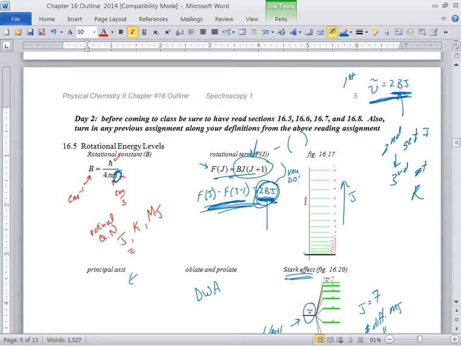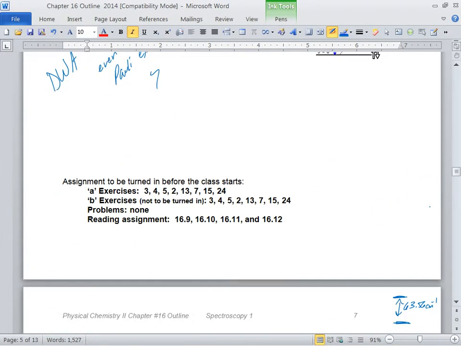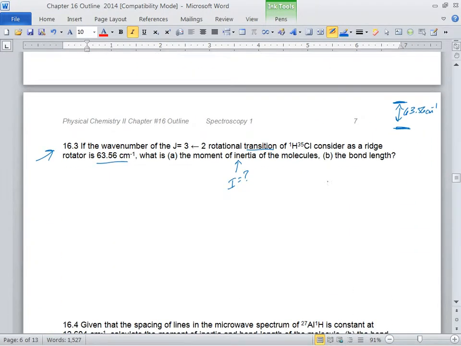Oh, one other thing I did. When you're after this R, you set I equals mu R squared. Life is a lot easier using, why do they give you these superscripts?